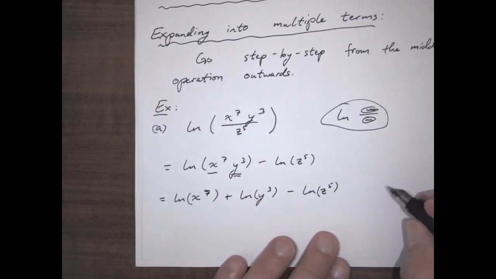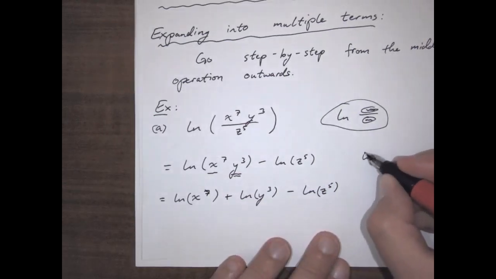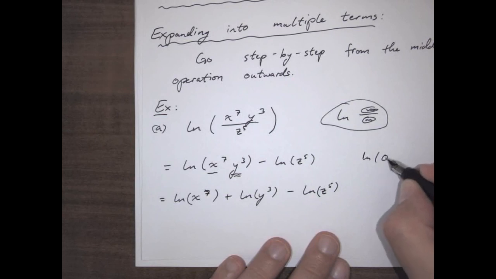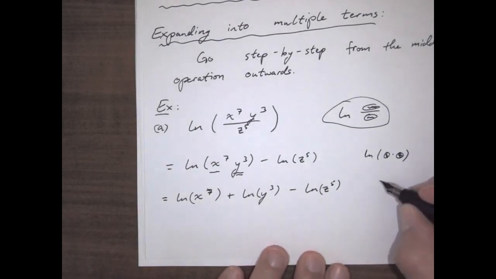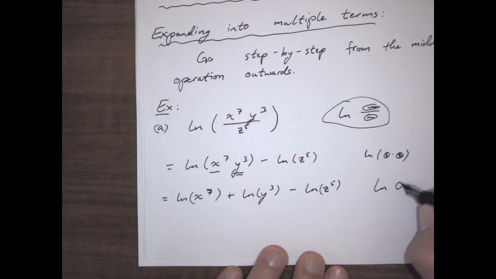But now, here what we had was ln of something times something. Now here what we have is ln of something to the power of something.